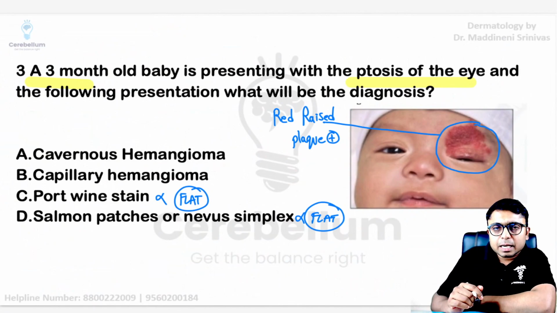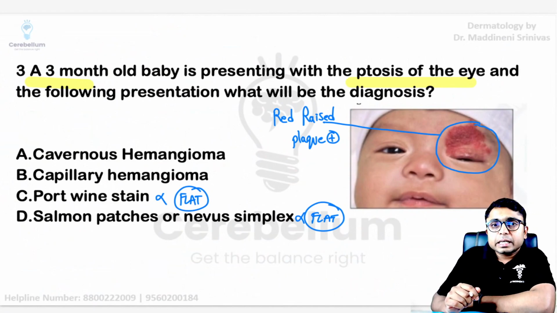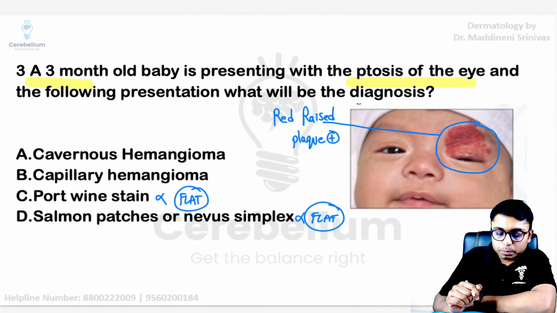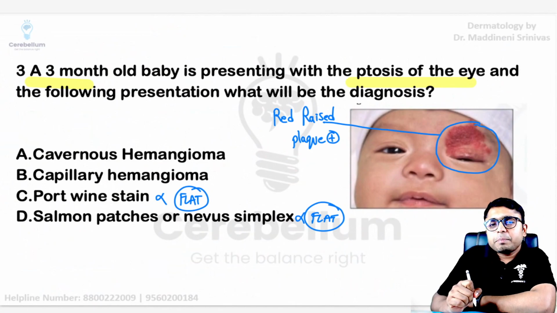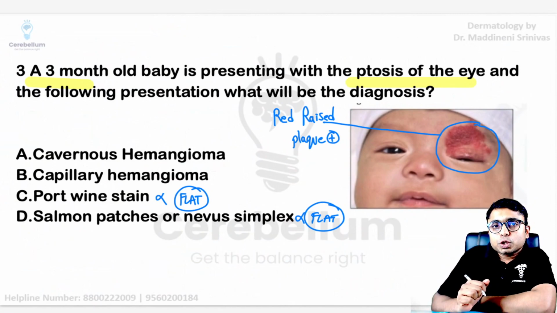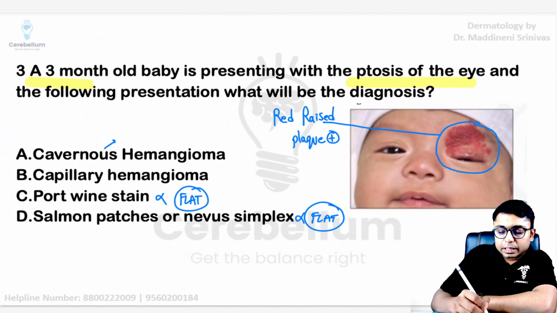In an exam, always remember, ruling out options is also very, very important. You have to practice many questions so that you hone the skill of ruling out options. And here please remember, cavernous hemangioma and capillary hemangioma are both vascular tumors, whereas cavernous hemangioma mainly targets and involves the internal organs.